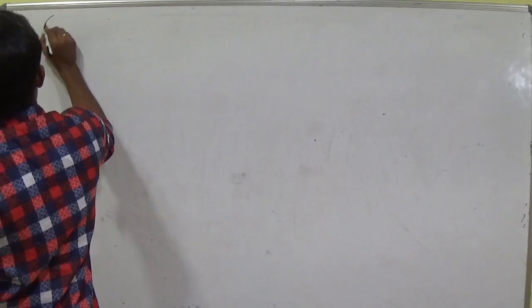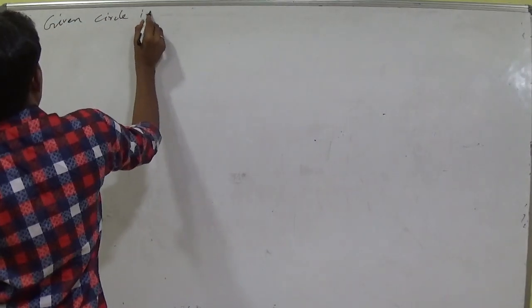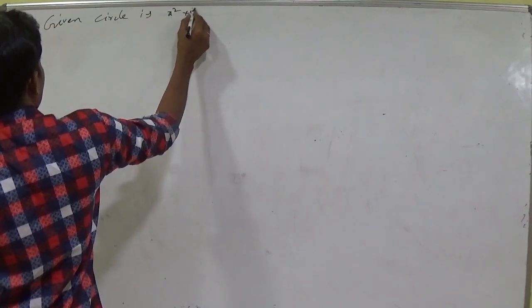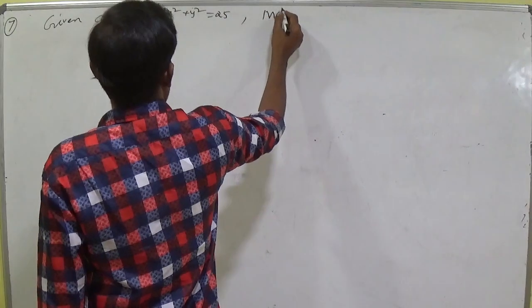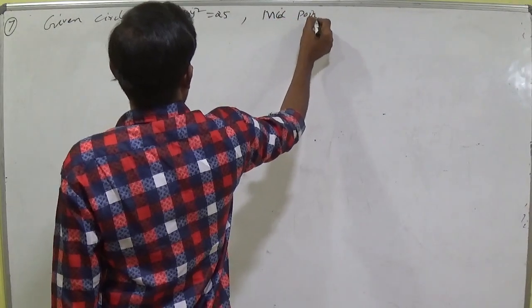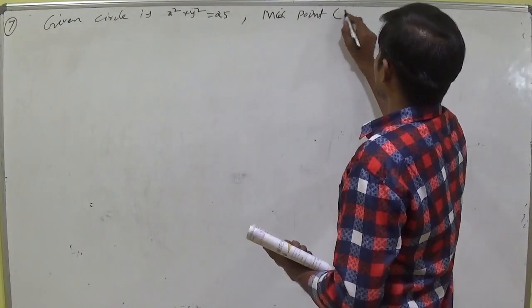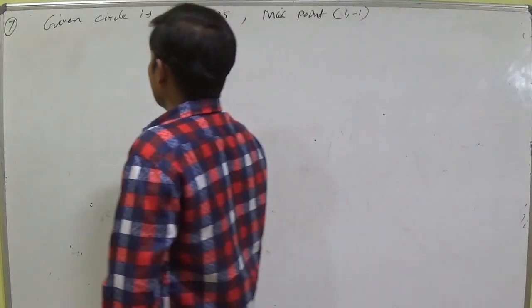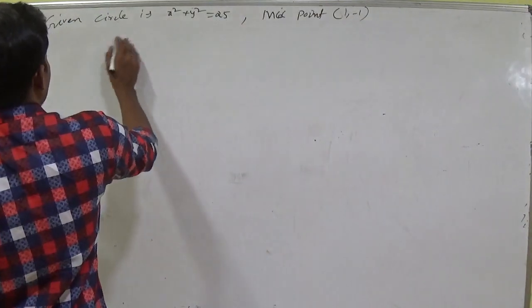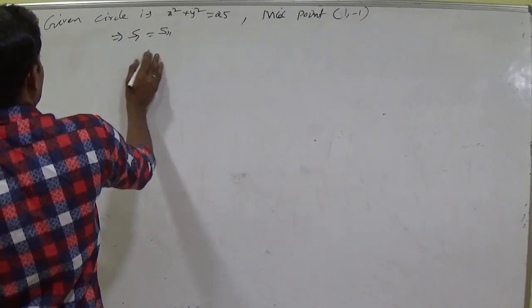Given the circle x square plus y square equal to 25, midpoint (1, -1). Then S1 equal to S11.